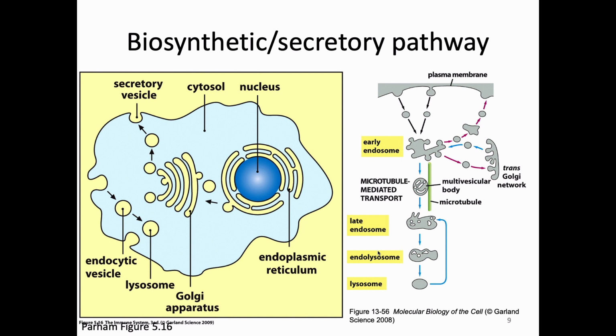In a lot of ways, the lysosome is the trash can for the secretory pathway, just like the proteasome was the trash can for the cytoplasm. So generally, if you ever want to degrade something in this pathway, it goes to the lysosome.